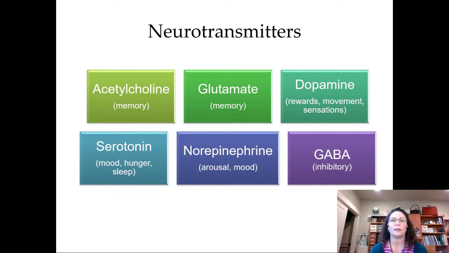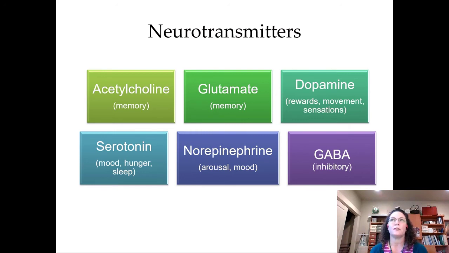Dopamine is also active in the very back of your brain in a structure called the cerebellum, and it controls movement. So there are 3 predominant dopamine pathways that we know of. So it does a lot of different things. It's sort of the Swiss Army knife of neurotransmitters. It can affect lots of different things.